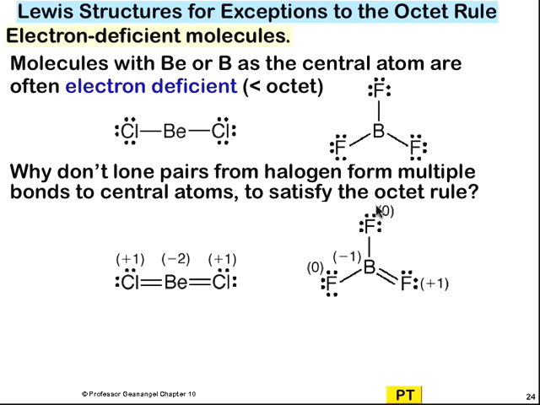The same thing is true with boron. We have only 6 electrons around the boron when we draw single bonds. So if you wanted to draw a double bond here, you certainly could, but notice that makes 2 formal charges, a +1 and a -1, and it violates rule 2, doesn't it?